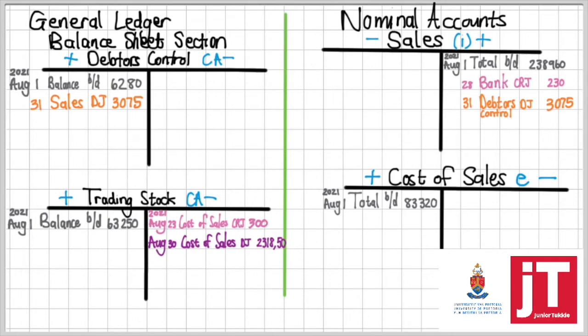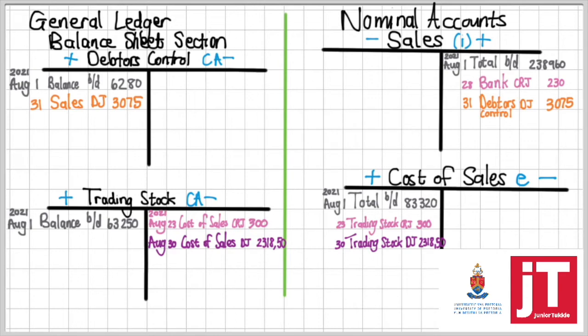So total of the goods sold on credit was 2,318 rand, and we have to record that in the cost of sales again. Now just the pink, that's the cost of the cash sales transaction, and then lastly the credit sales transaction that has to be recorded.